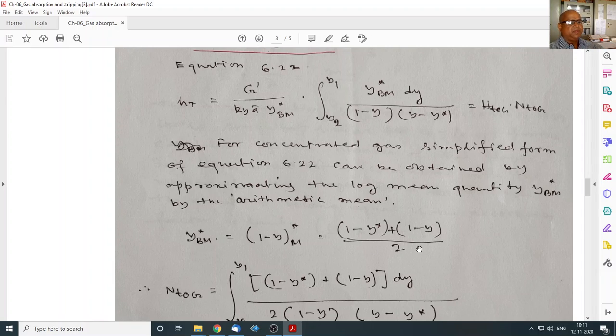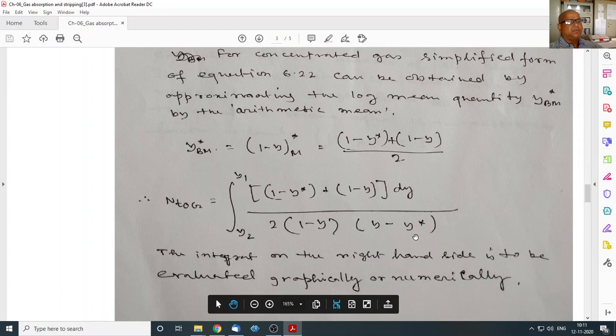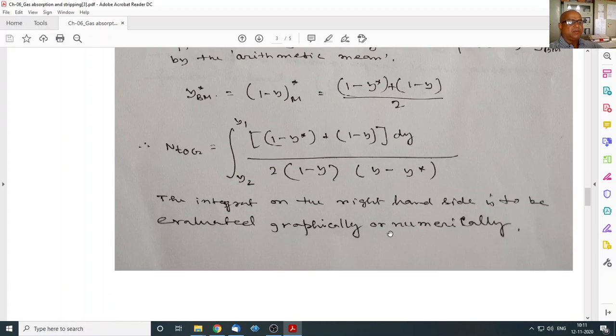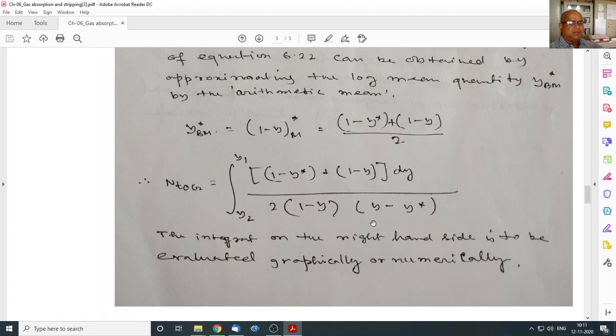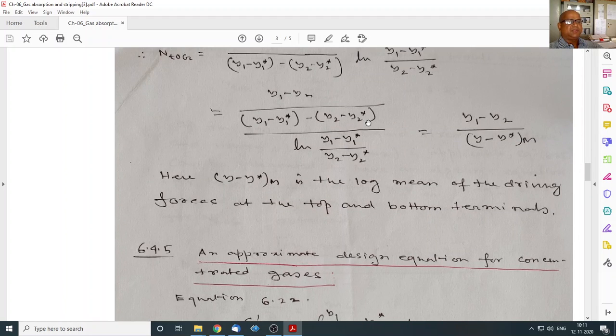So if you put this term, then this equation becomes like this. If you have to integrate it, in this case ultimately you have to go through the graphical or numerical method. It is difficult. Better, for concentrated cases you use this equation, but for dilute cases you use this equation.